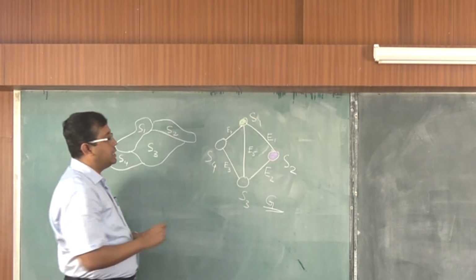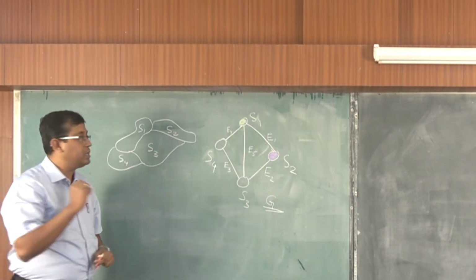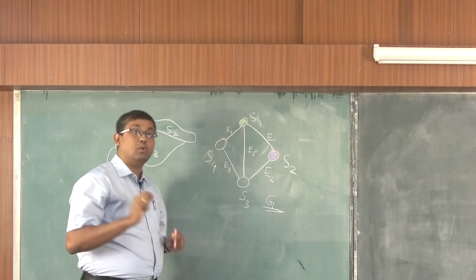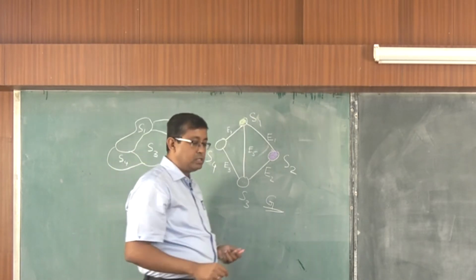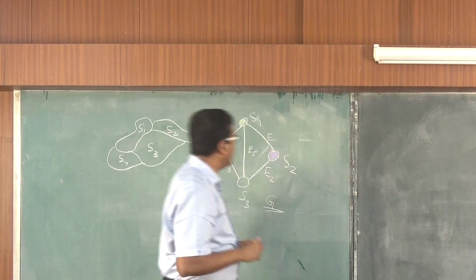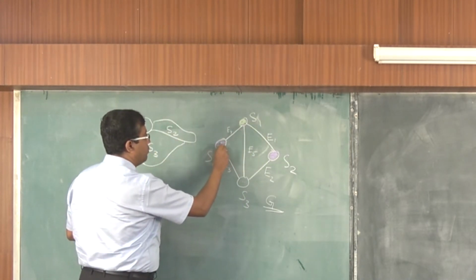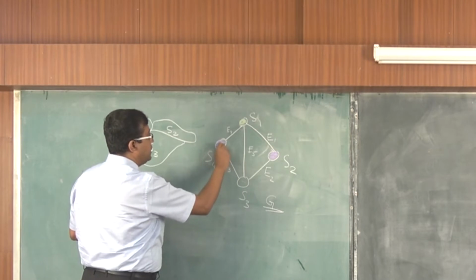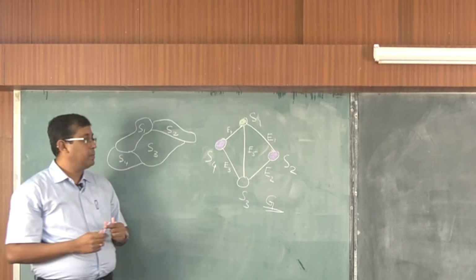We see that S3 is adjacent to S2, but S4 is not adjacent to S2. So what we can definitely do is we can use the same color, which is violet, for S4 also, and we can paint this vertex as violet.